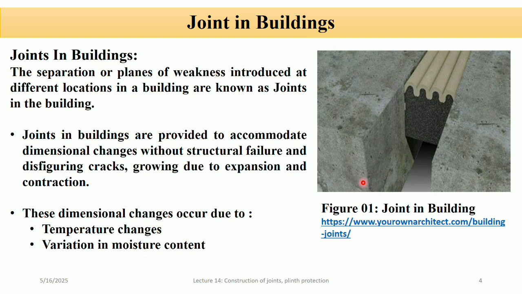Materials like concrete, bricks, and wood can absorb or release moisture, causing them to swell or shrink. Without joints, these dimensional changes would lead to structural failure like cracking or even partial collapse in severe cases, and disfiguring cracks, which may not be dangerous but can be unsightly and allow water ingress.